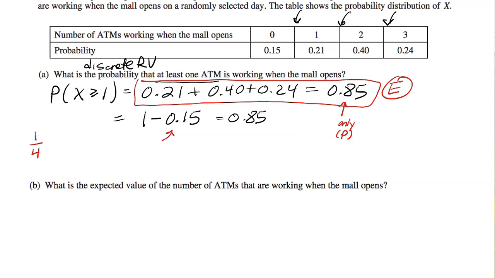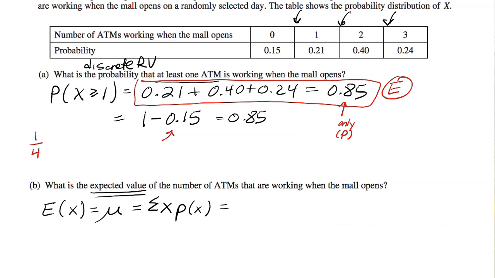Next, the question is, what is the expected value of the number of ATMs that are working? The expected value is the same as the average or the mean number of ATMs that are working. And to calculate that, there's a formula on the formula sheet. You take the outcome times the probability of that outcome, and then you sum those up.